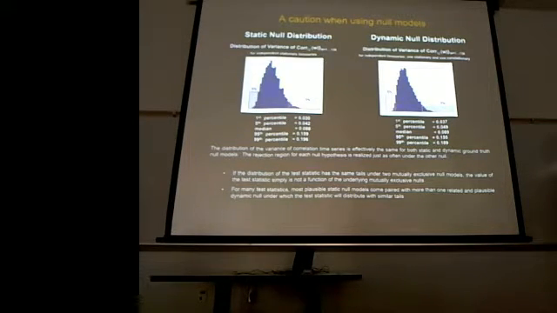It's a challenge because it's very easy to simulate a situation in which a static null distribution completely overlaps with a dynamic null distribution. And so it's almost impossible to reject the null when we don't really know what that is. For example, the brain is dynamic, right?